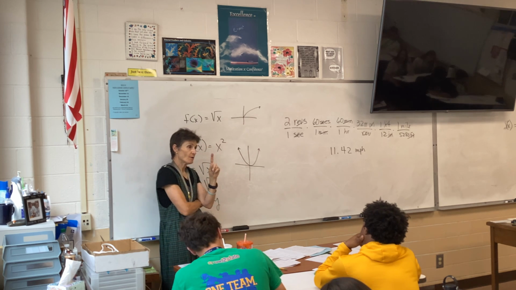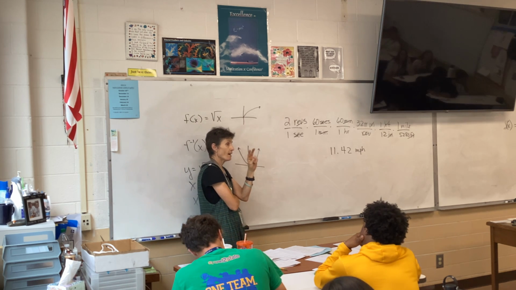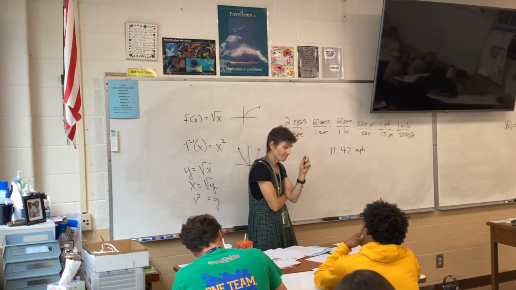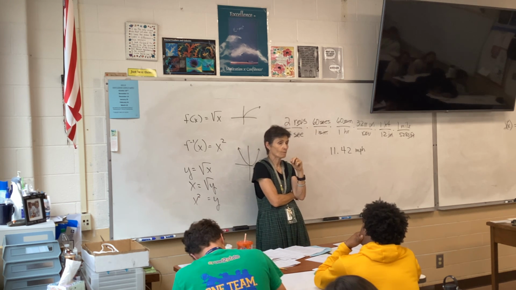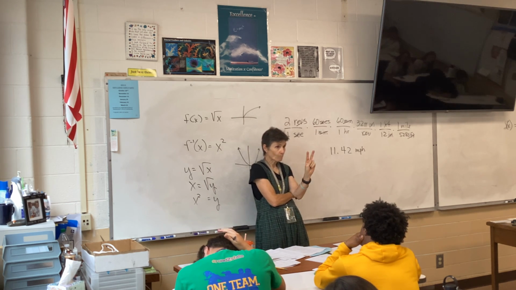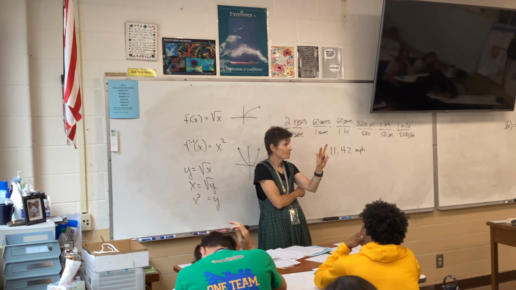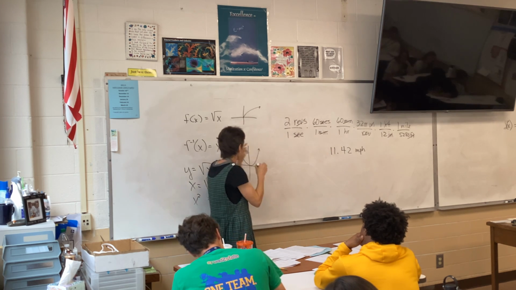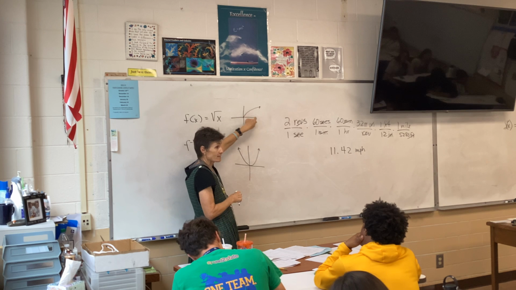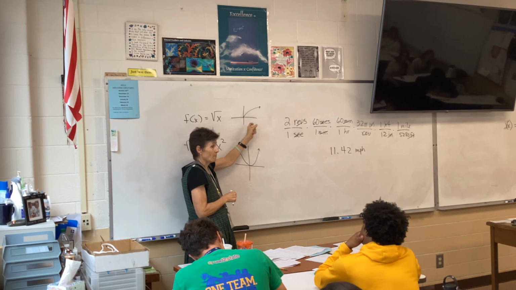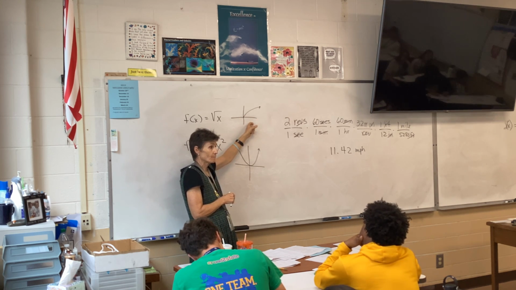Functions and their inverses have the relationship that the inverse is formed by taking the ordered pairs of the original and flipping them. So whatever your inverse is has to come from flipping these ordered pairs.